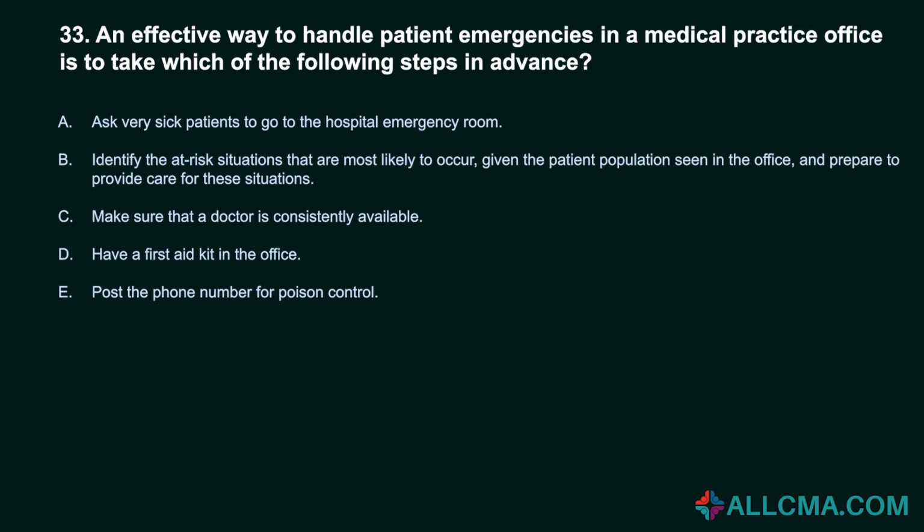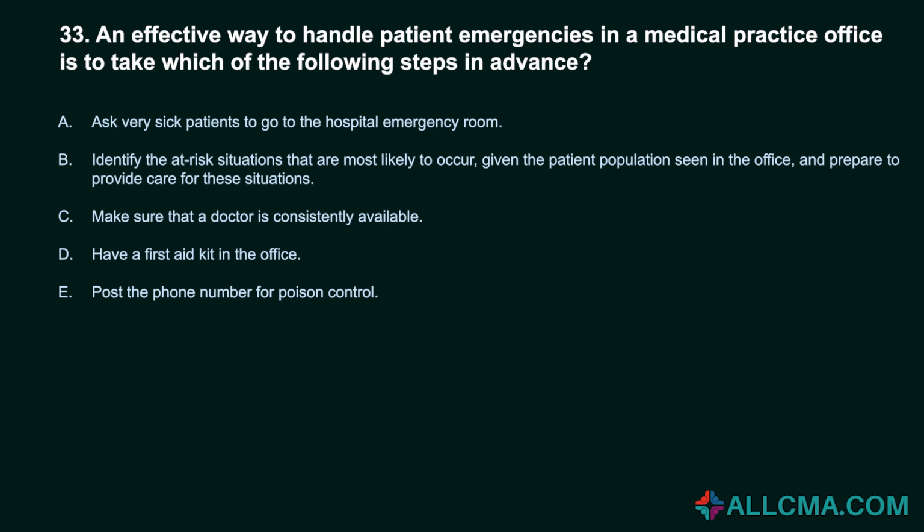33. An effective way to handle patient emergencies in a medical practice office is to take which of the following steps in advance? A. Ask very sick patients to go to the hospital emergency room. B. Identify the at-risk situations that are most likely to occur, given the patient population seen in the office, and prepare to provide care for these situations.